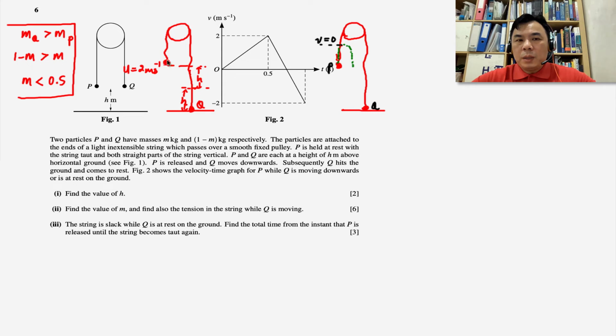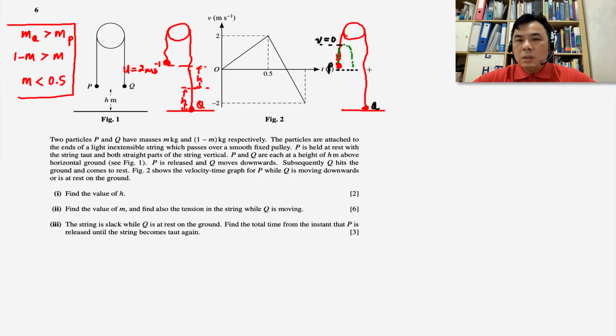And then particle P will continue to move under the gravitational force until it reaches the maximum height. As shown by this diagram here, it will go up until it reaches a maximum height. At maximum height, the final velocity must be equal to 0 here, and then it's going to return back to its position here.